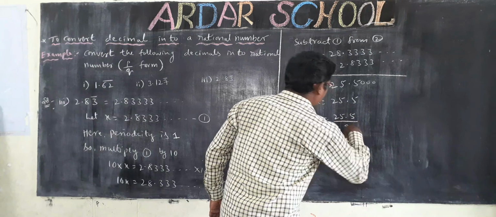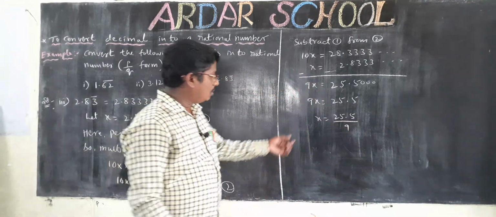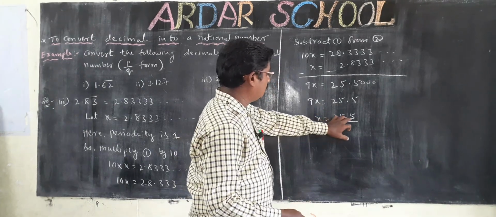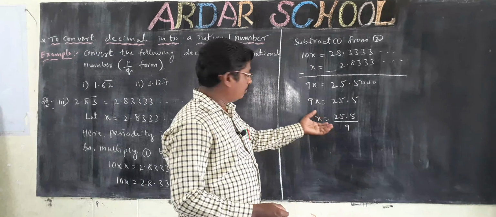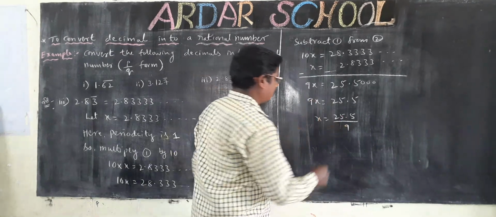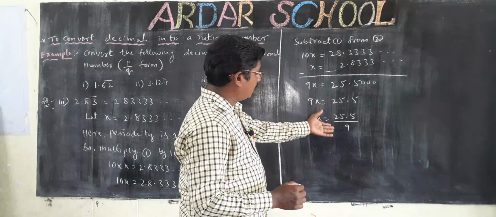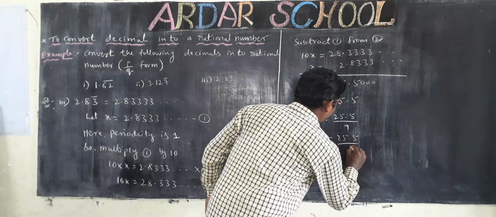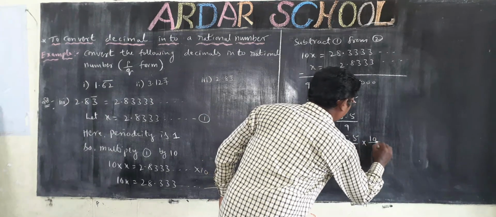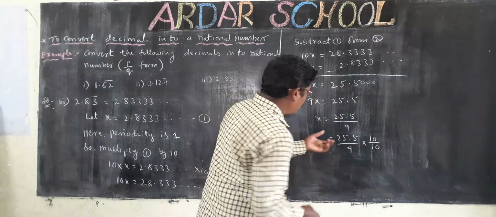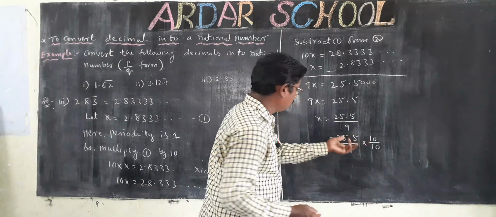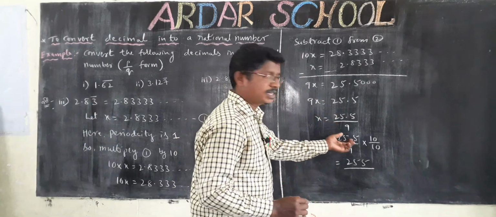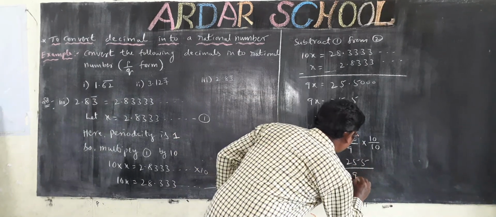X is equal to 25.5 by 9. If you want to convert to p by q form, then you have to multiply the numerator and denominator by 10. So 25.5 by 9 into 10 by 10. Then we get 25.5 into 10, so 255. The decimal point is removed. And 9 into 10 is 90.